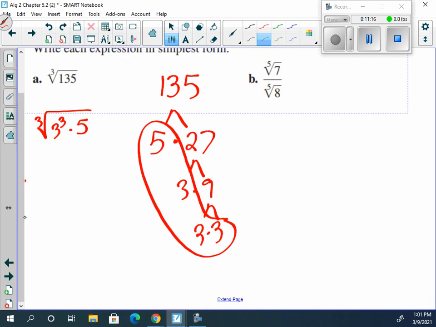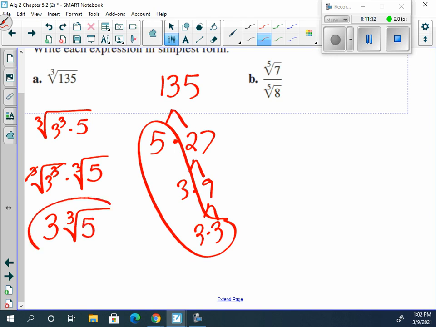Well, with our properties we have today, we can split this up into the cubed root of 3 to the third times the cubed root of 5. Well, the cubed root of 3 to the third is just going to be 3, and then we have the cubed root of 5.